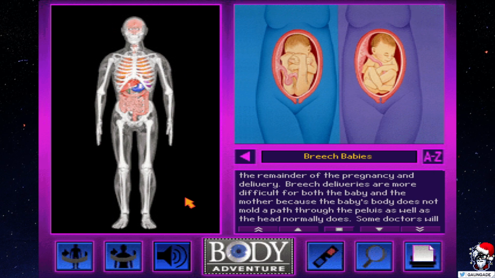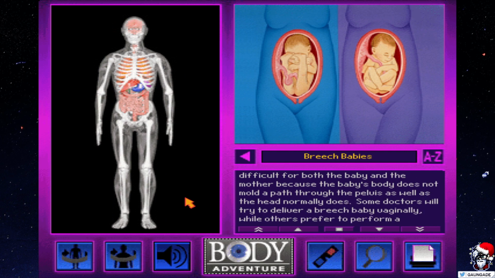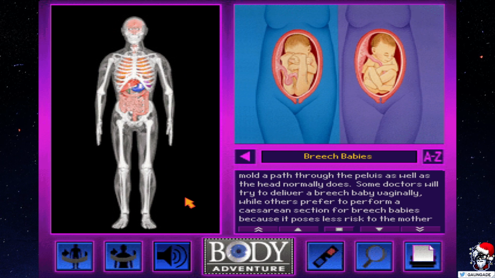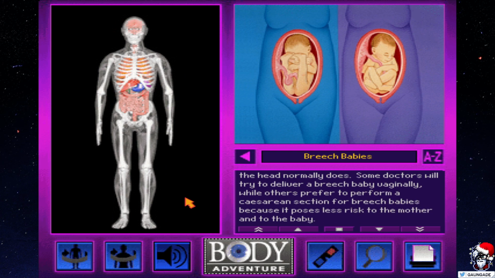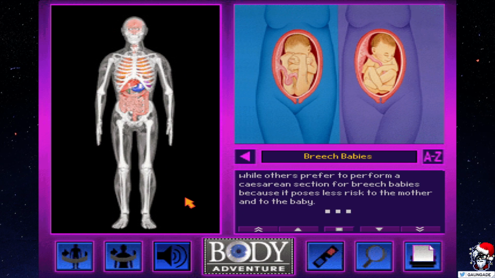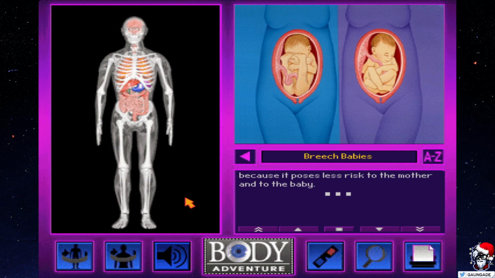Breech deliveries are more difficult for both the baby and the mother because the baby's body does not mold a path through the pelvis as well as the head normally does. Some doctors will try to deliver a breech baby vaginally, while others prefer to perform a cesarean section for breech babies because it poses less risk to the mother and to the baby.